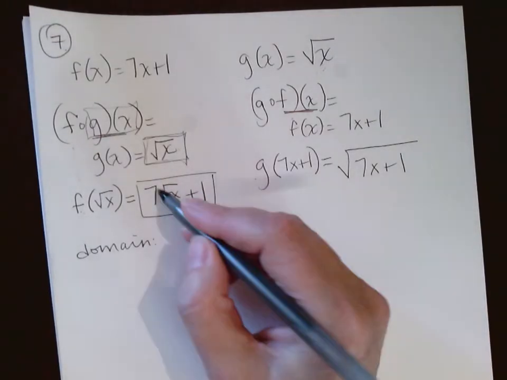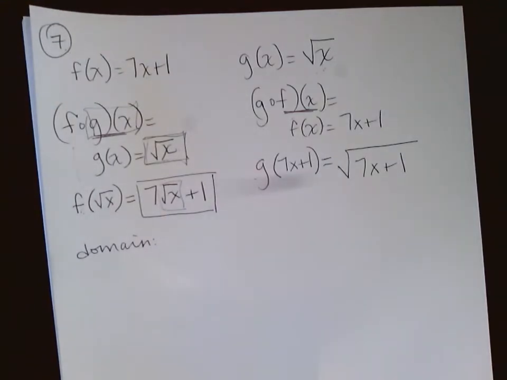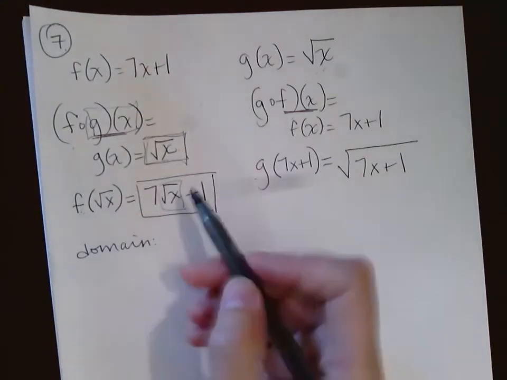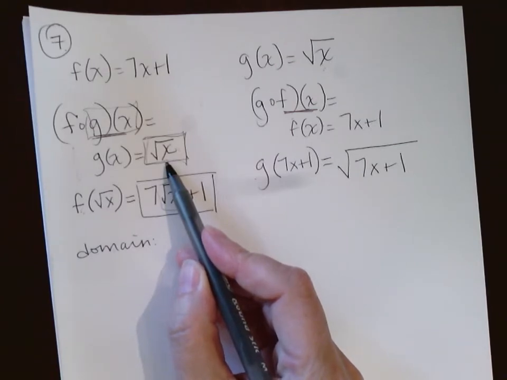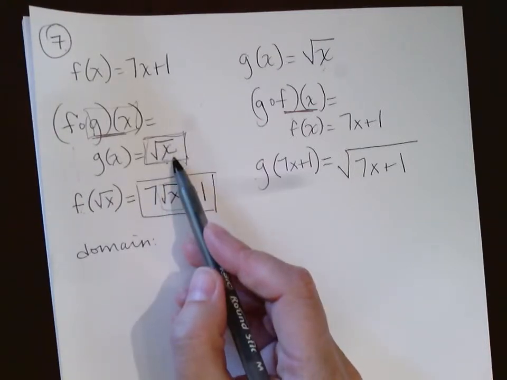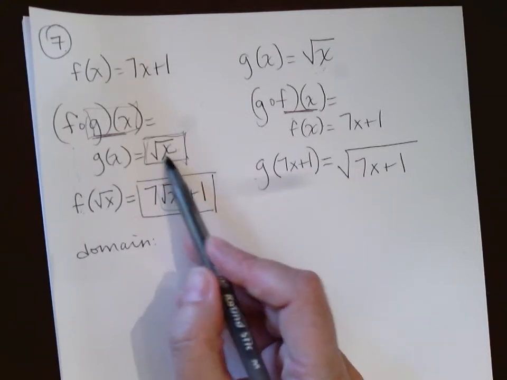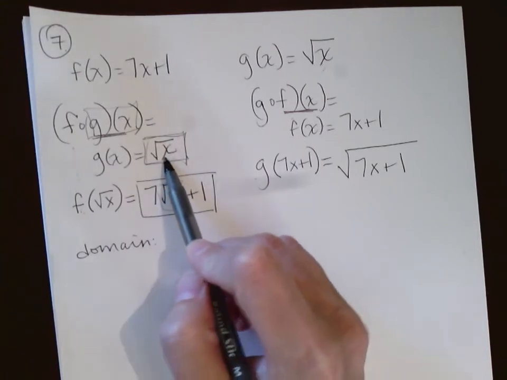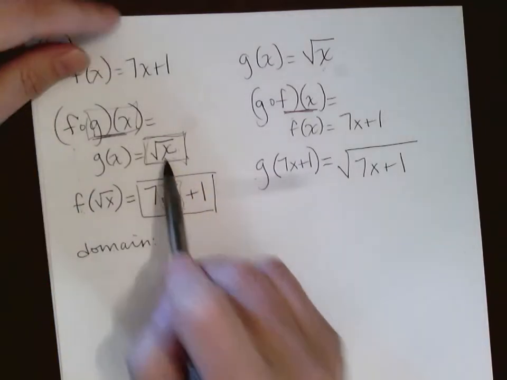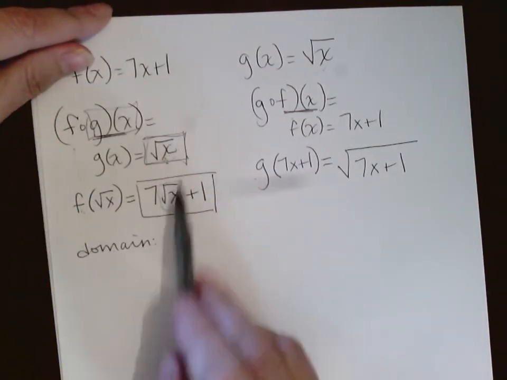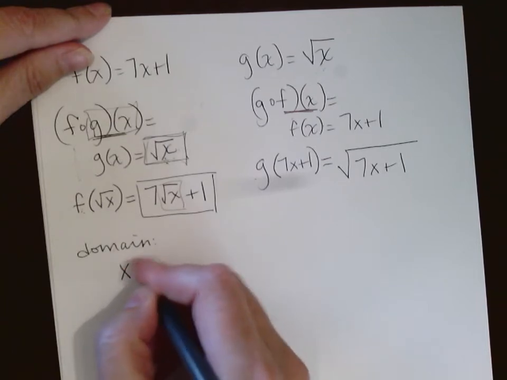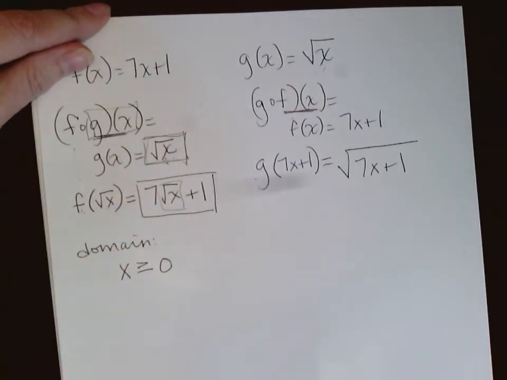They both have a restriction right here with that square root of x, which means what's underneath this square root has to be greater than or equal to 0, because what's underneath the square root has to be positive. If it's negative underneath here, then you're going to have the square root of a negative number, and you can't have that. That will bring into effect the complex numbers of the i's, and we don't want to get into that. So, since they're both the same thing, I just need to make sure that x is greater than or equal to 0.